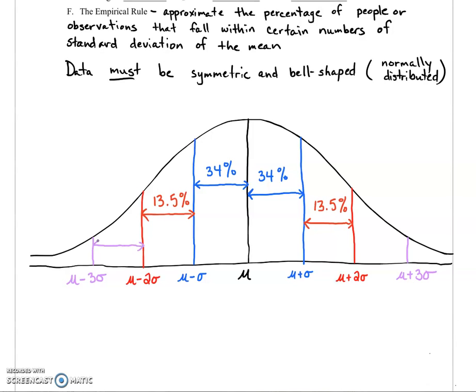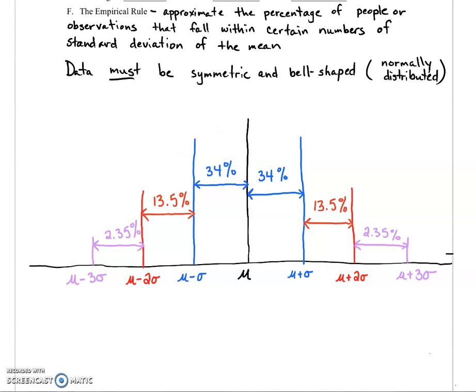Between the second and the third standard deviations is only 2.35% of the data. And finally, these last little bits, so the tails on either side, are 0.15% of the data. And actually, I probably should have written that.